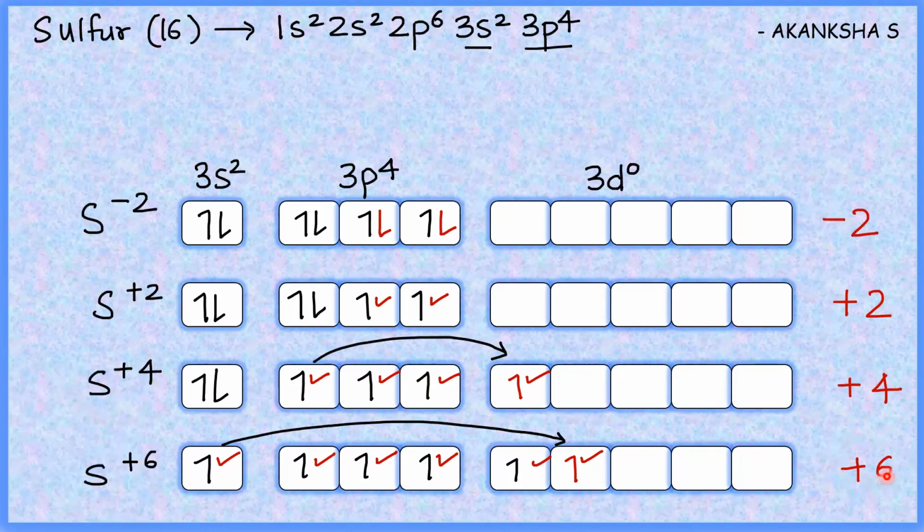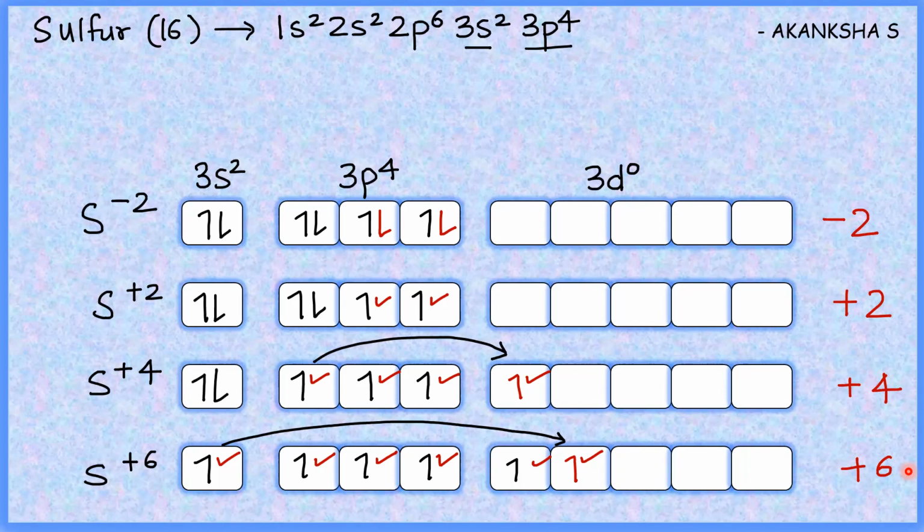It can give away 6 electrons, or it can bond with 6 other atoms. It can do a lot of things. So these oxidation states help us understand the nature and character of a particular element as well.